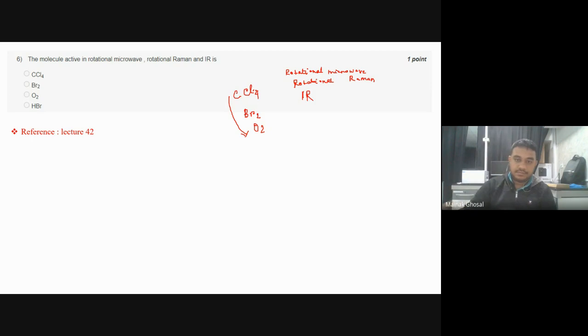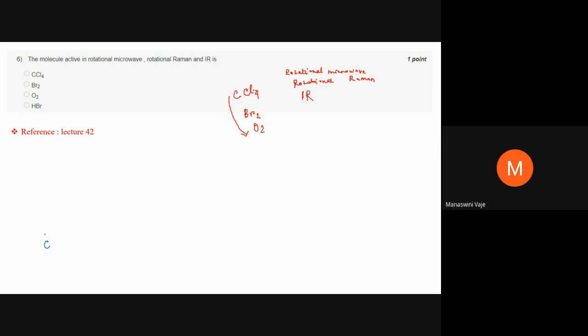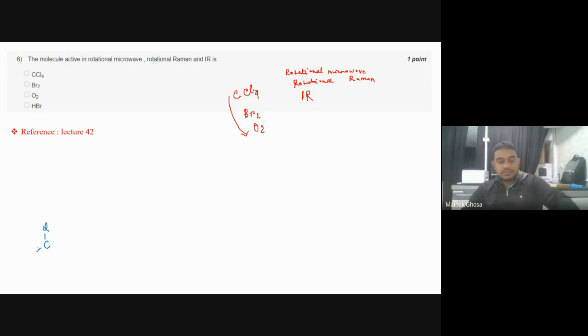Think. There is a similarity between CCl4, Br2 and O2. They will show symmetric stretching. Not that much. A very basic understanding from the structural point of view.